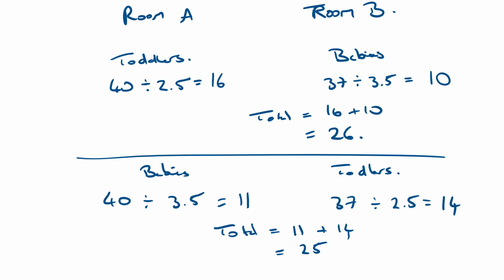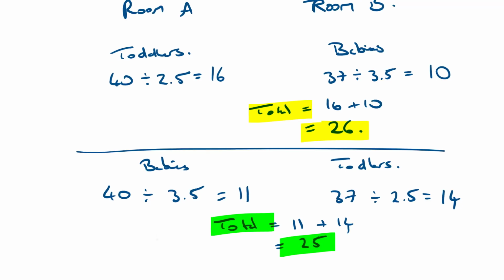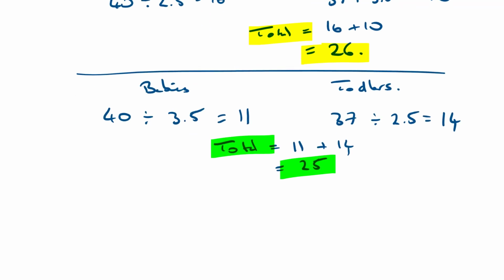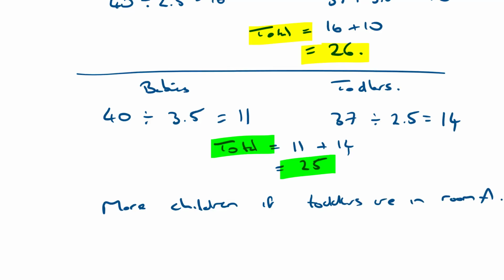So for the first way round, I had a total of 26, and the other way around, the total was 25. So I can fit more children in if I put the toddlers in room A. So more children if toddlers are in room A.